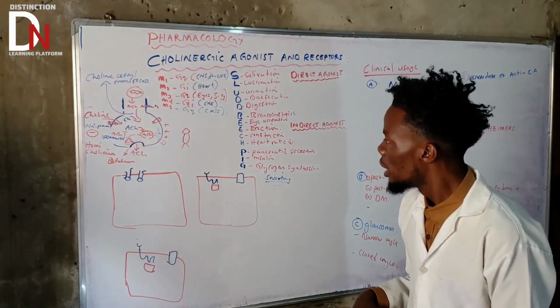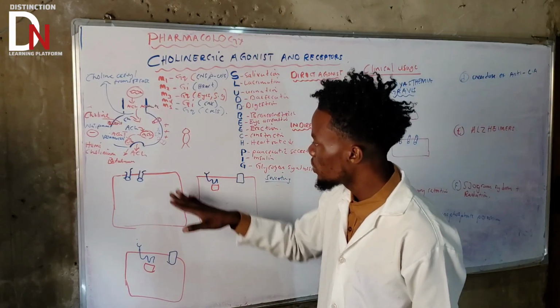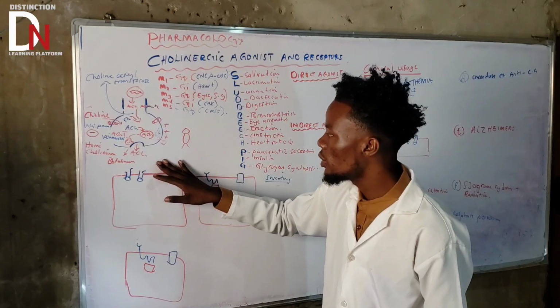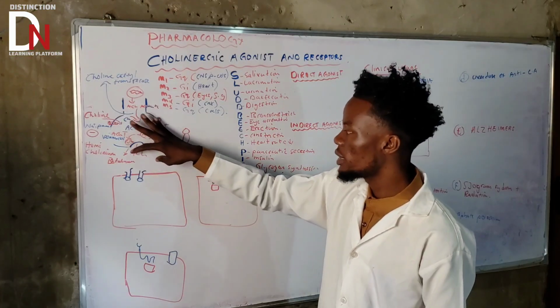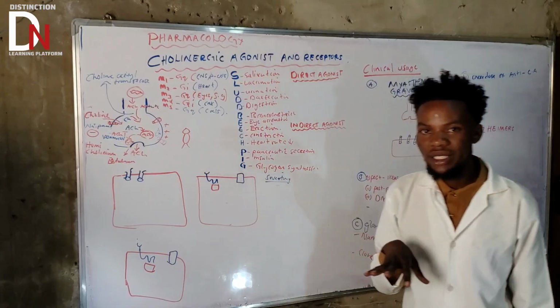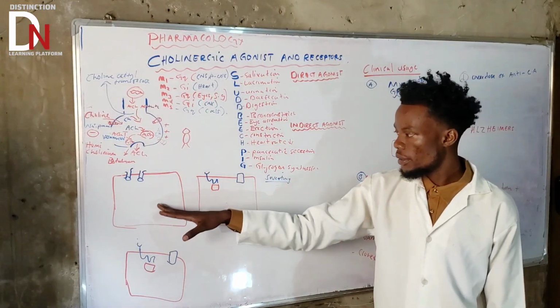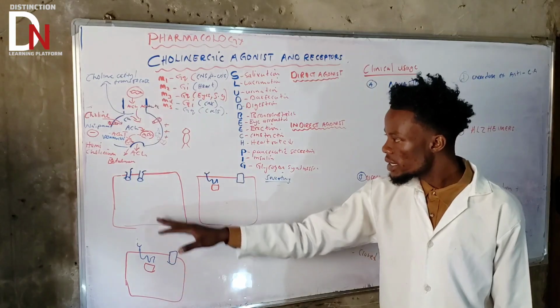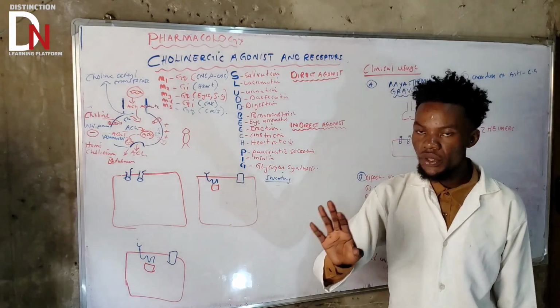Okay. Now, if that happens, what else? Here we have acetylcholine on the axonal terminal. This acetylcholine, which has been produced, is going to act on three important cells. There's this cell, and this cell. And these cells have different receptors.